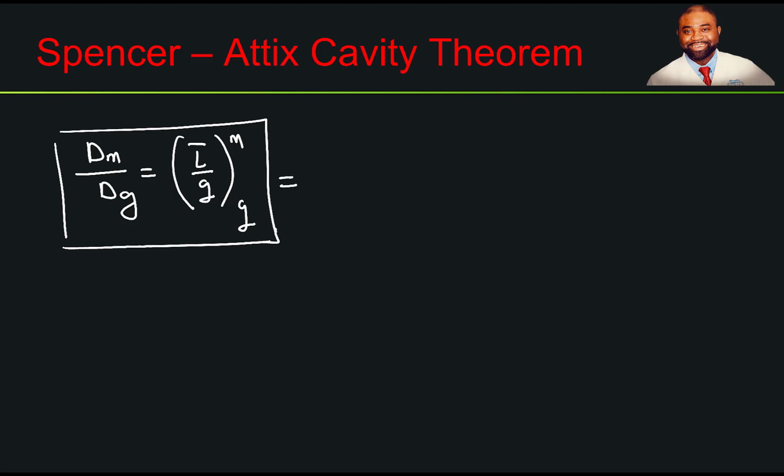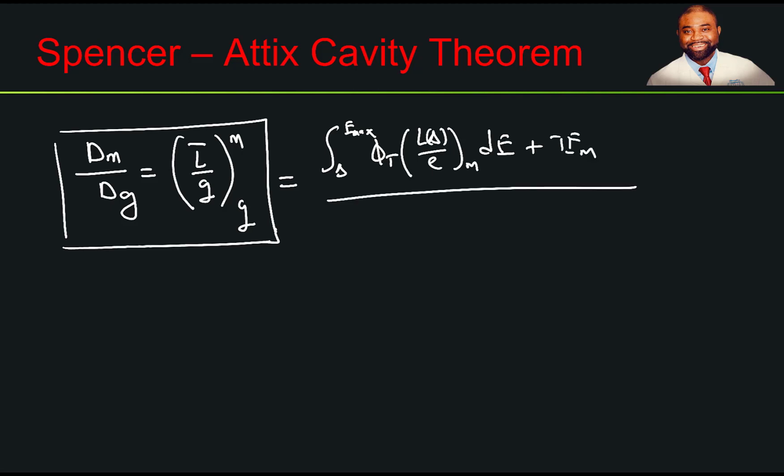To write this formulation in detail, the ratio of the dose of the medium to dose in gas is equal to the integral of delta to E max of phi, the track-end term, TE.